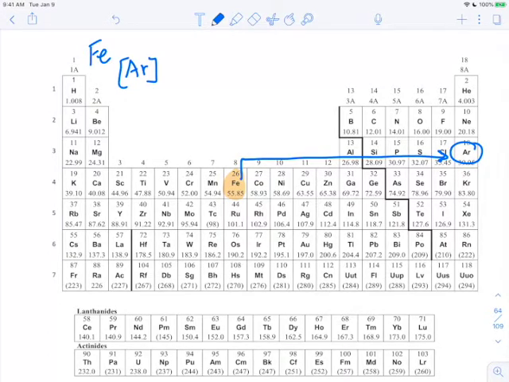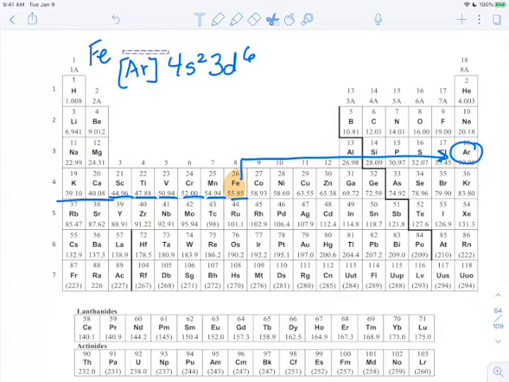Then we're going to have 4s2. And anytime we go down to the D's, we go down in number. So here we're at 3d, and 1, 2, 3, 4, 5, 6. So iron is argon 4s2 3d6. Any questions on how I got that configuration for iron?